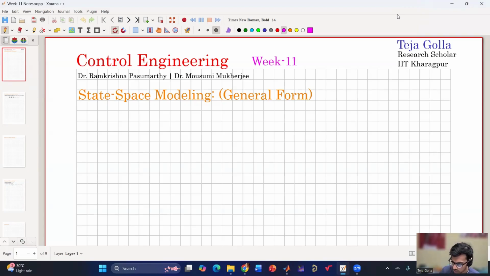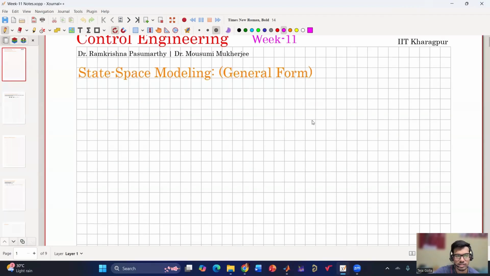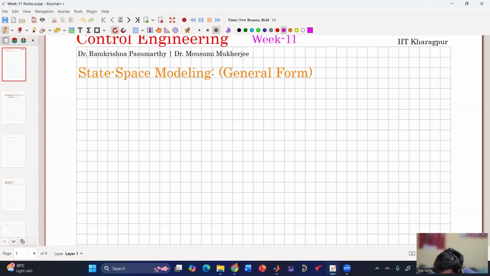To start with, let us see the advantages and drawbacks of transfer function based design. Let me quickly summarize it. Transfer function based design is, first of all, very easy.